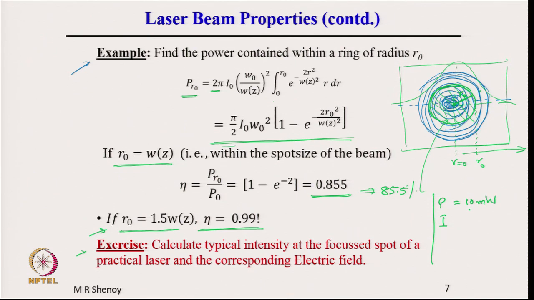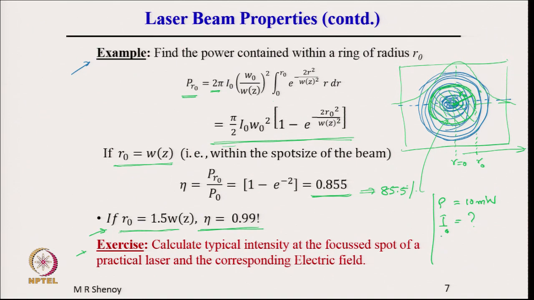Then you can increase this to 100 milliwatt or 100 watt, and see how the intensity changes. I 0 is the maximum intensity possible at the waist on the axis. So, calculate what is I 0.